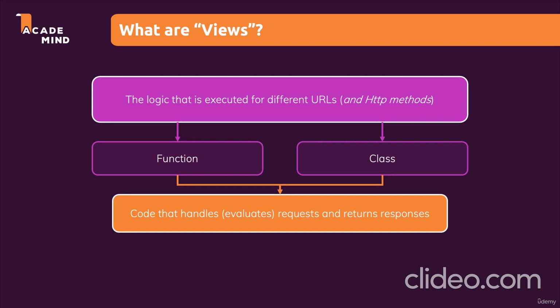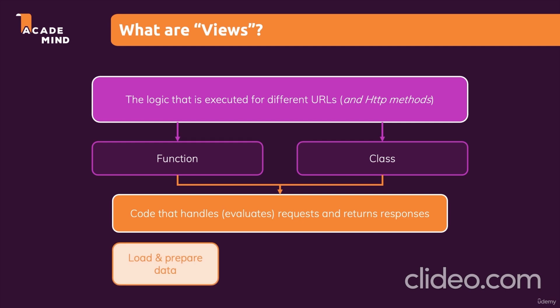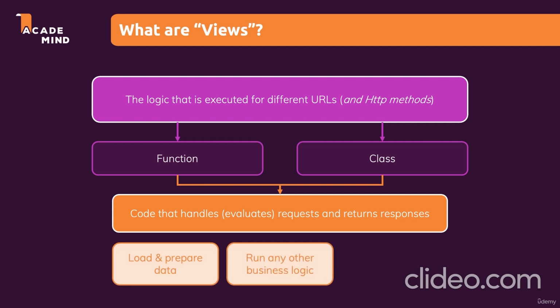And in a view, you typically perform tasks like loading and preparing data, running any other kind of business logic like encrypting passwords or something like that. And then you prepare and return the response data. For example, an HTML document that should be sent back to the client, so to the user visiting your website.